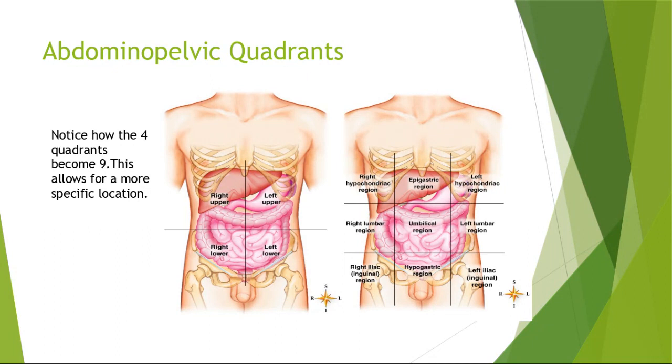So they may want to break it down to, hey, they're hurting in their right iliac, which means more around the hip and maybe some of the intestines there. Or if they're hurting in the right lumbar region, that might include a little bit more. So depending upon where the injury, the pain, or the pinpoint is coming from may depend on what is actually going on with the patient.